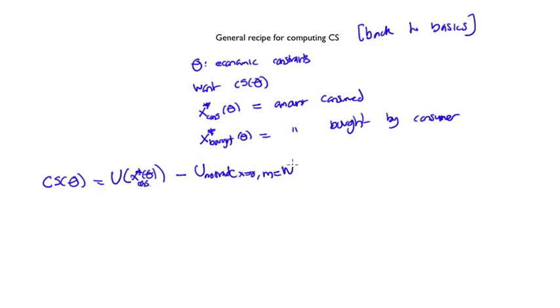So, how do we compute the consumer surplus? Well, one option, if you know the utility function, is just to substitute in this formula. This is just going to be the benefit of whatever you end up consuming at theta, plus W, minus, and this is the key tricky part sometimes, the cost of the consumption of X star consumed of theta.